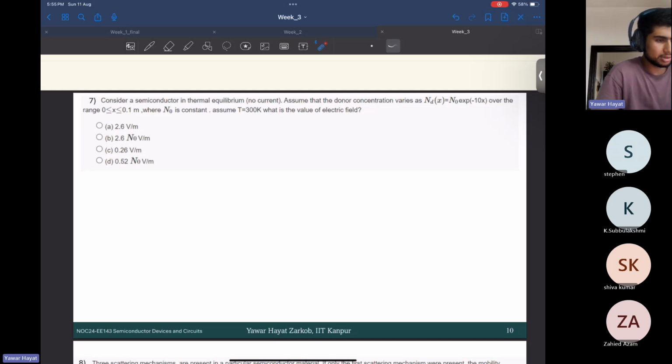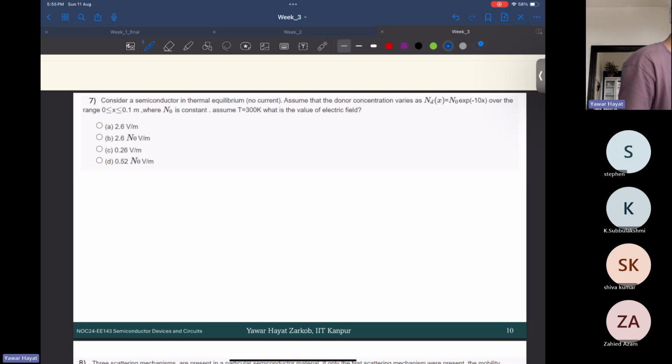And we need to assume that the donor concentration varies as this: the expression for ND as a function of x is n0 exponential of minus 10x, exponentially decaying doping over this range, 0 to 0.1 meter, when x lies in this range. Given that n0 is some constant, and we need to assume that the temperature is room temperature, 300 Kelvin, and we need to find the value of the electric field. That is essentially what the question is.